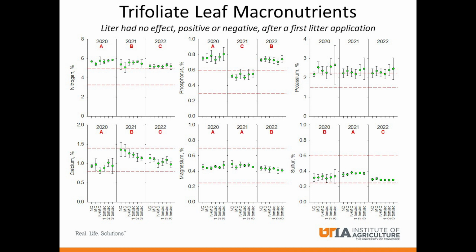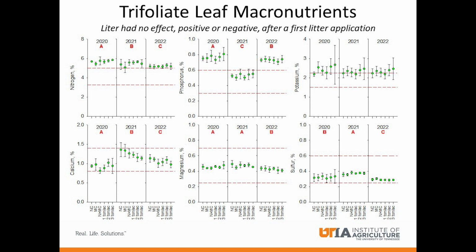So these big letters up at the top just show you that there are differences between yield. This is nitrogen, phosphorus, potassium, calcium, magnesium, and sulfur. No differences. Even though we were adding sulfur for the soybean, no differences in the trifoliate leaf macronutrient concentrations.